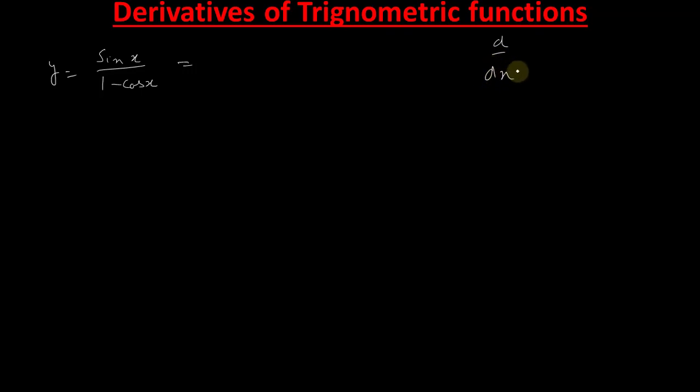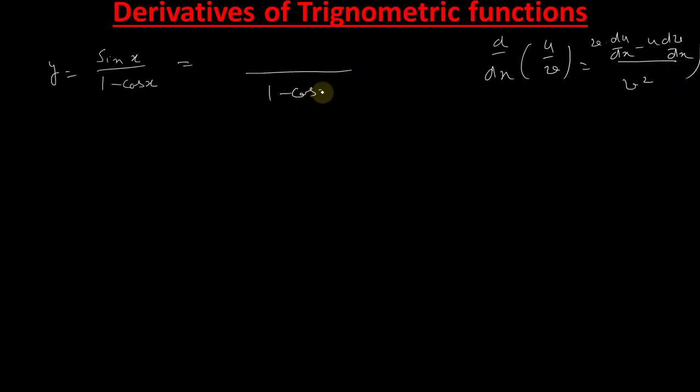dy by dx of u divided by v is v square, v into du by dx minus u into dv by dx, where u and v are functions of x. So it is the square of the denominator, 1 minus cos x, times the derivative of sin x, now negative sin x as it is.